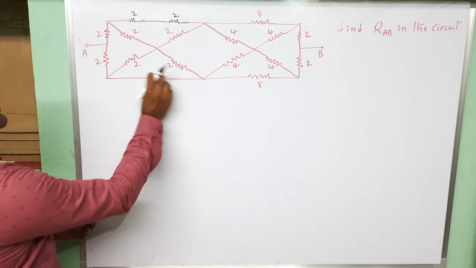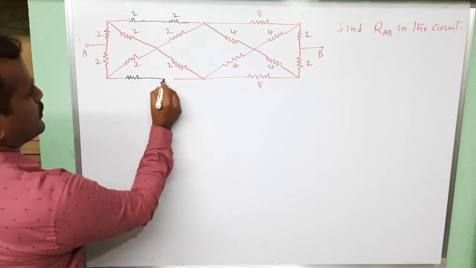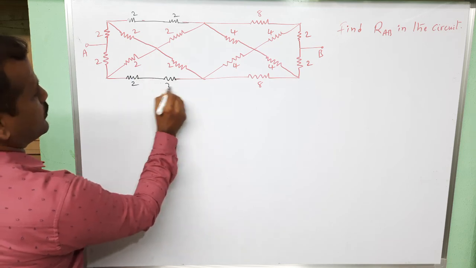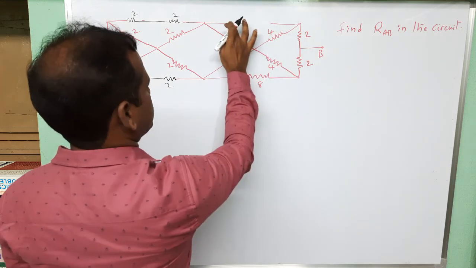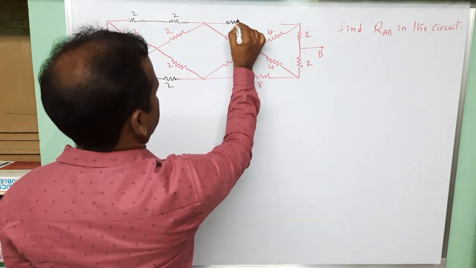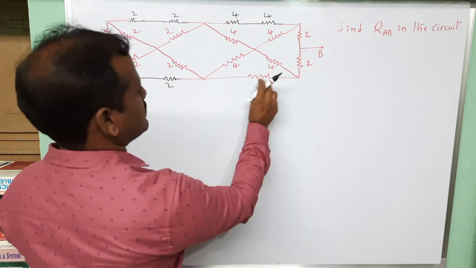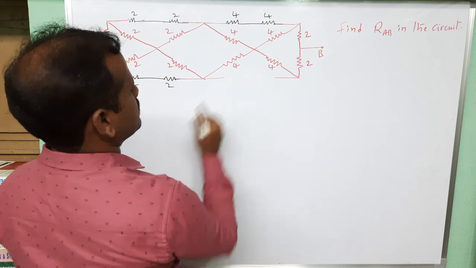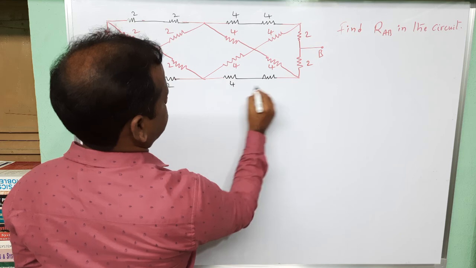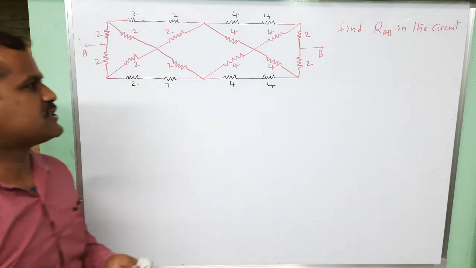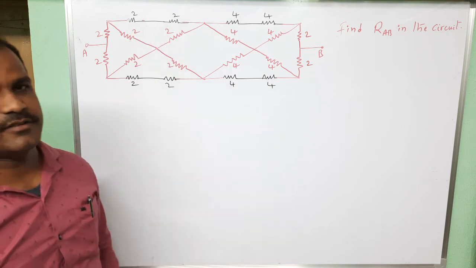Similarly, this 4 ohm resistance as 2 ohm in series with 2 ohms. Similarly, this 8 ohms as 4 ohms in series with 4 ohms. And this 8 ohms as 4 ohms in series with 4 ohms. In the first step, we have divided those resistances in terms of these resistances.